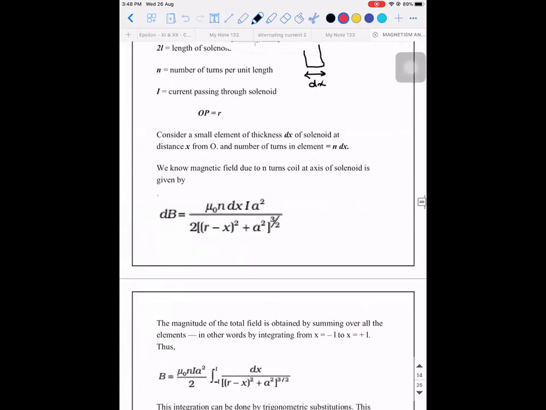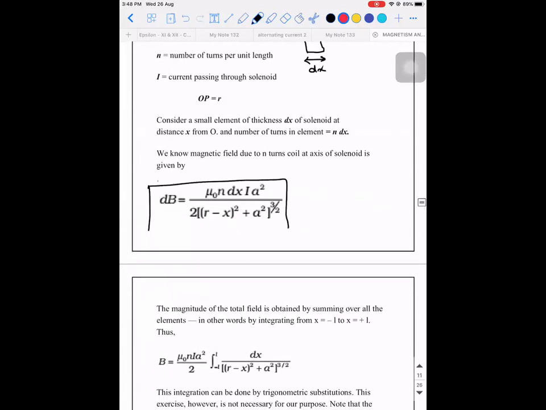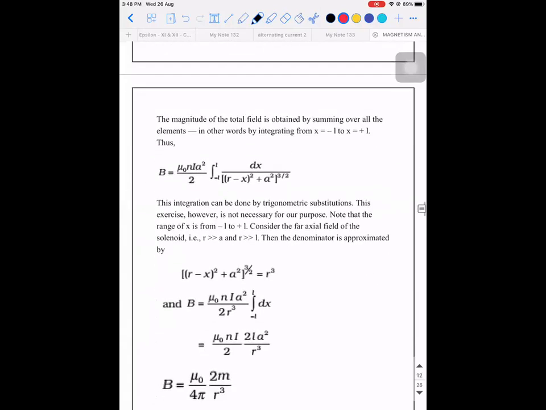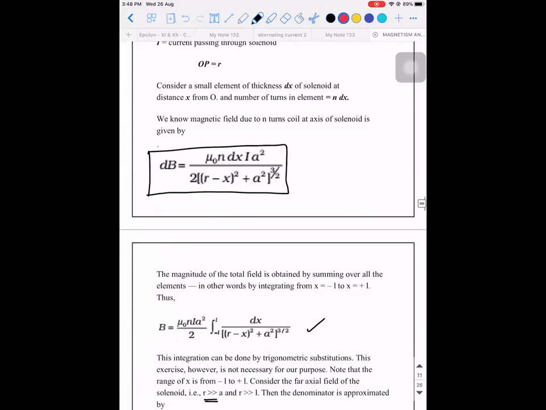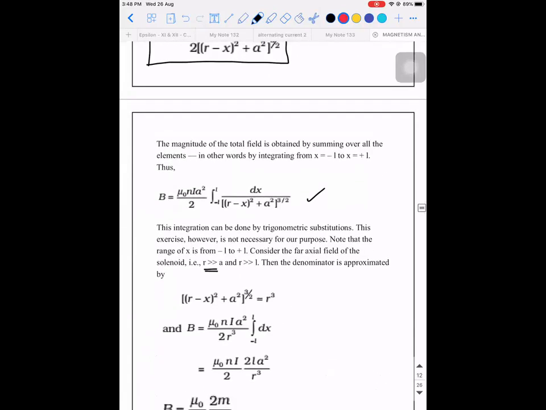So if you observe till this step, this dB is equal to whatever I wrote, and this one also I wrote. Here, the approximation that we are going to do is, R is very much greater than a, meaning the distance from the center to whichever point you are trying to calculate the field is going to be very much greater than the radius, and R is also going to be greater than or equal to L, because we are trying to bring a similarity to a bar magnet, which is very small. You remember in the previous class I told you, for bar magnets, I find the magnetic field at the axial point, which is small in nature.